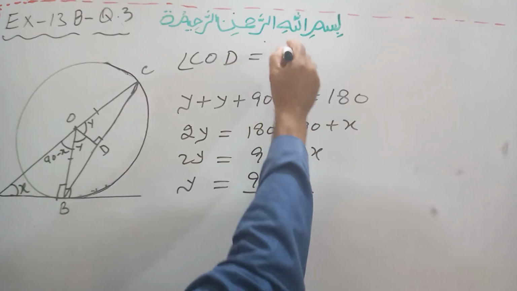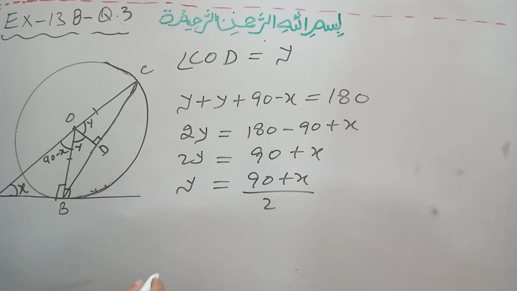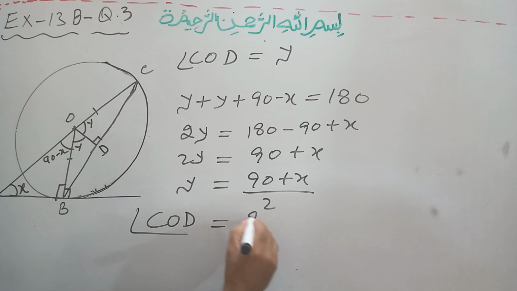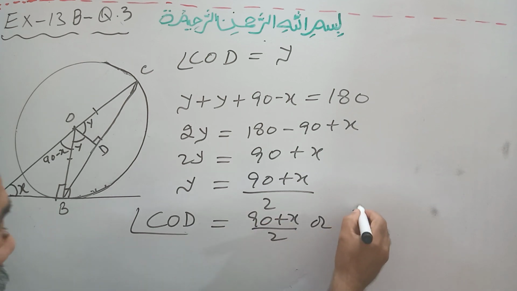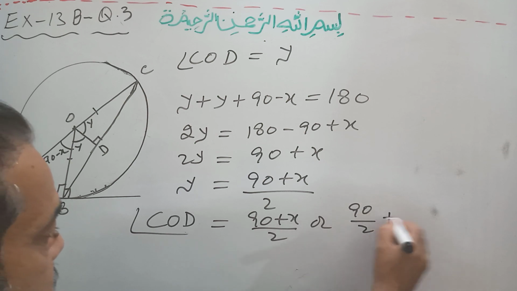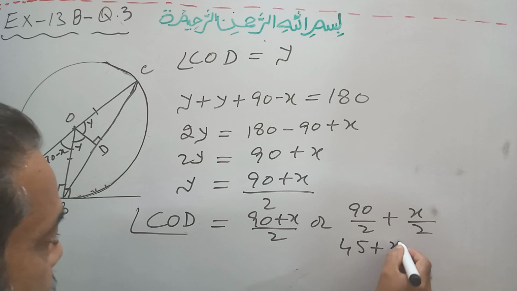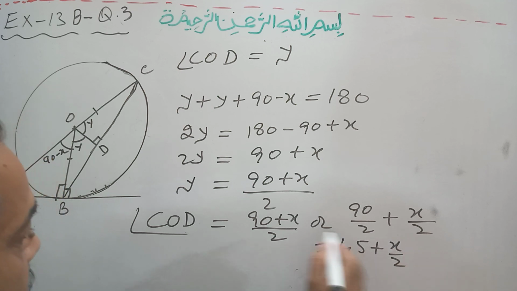So angle COD is equal to (90 plus X) over 2, or 90 over 2 plus X over 2, which is 45 plus X over 2. You can give any of these answers.